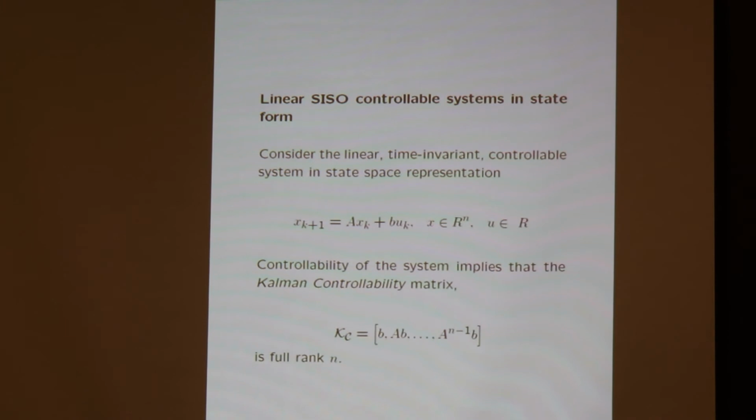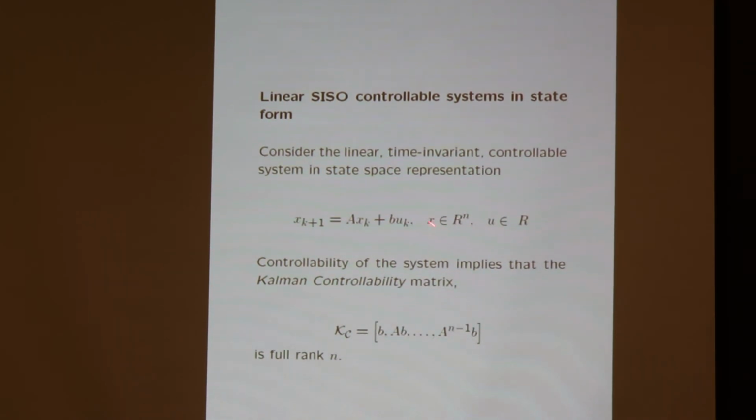In general, if you have a linear system in the state space, which we assume is n-dimensional, this is the traditional representation of a time-invariant linear system coming from an input-output representation as a particular realization. And this system is known to be controllable if and only if the Kalman controllability matrix is non-singular.